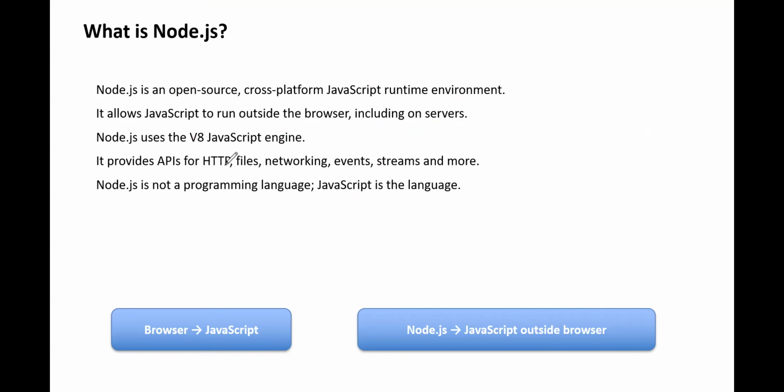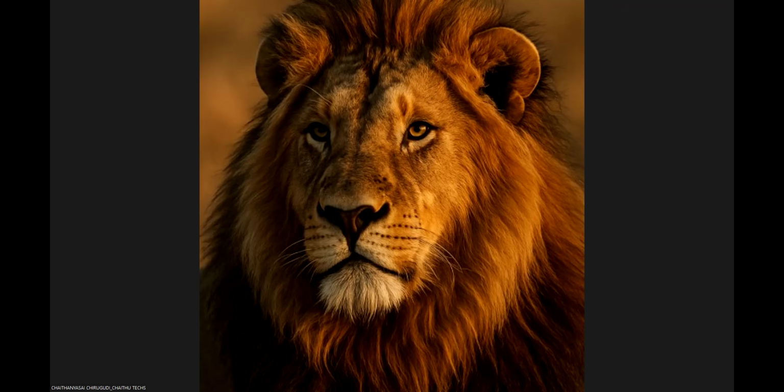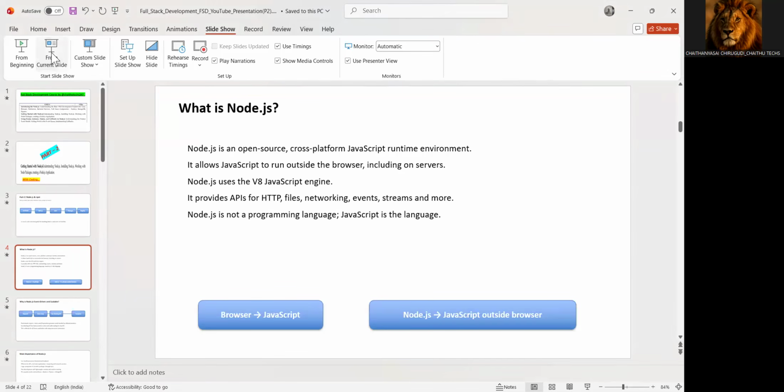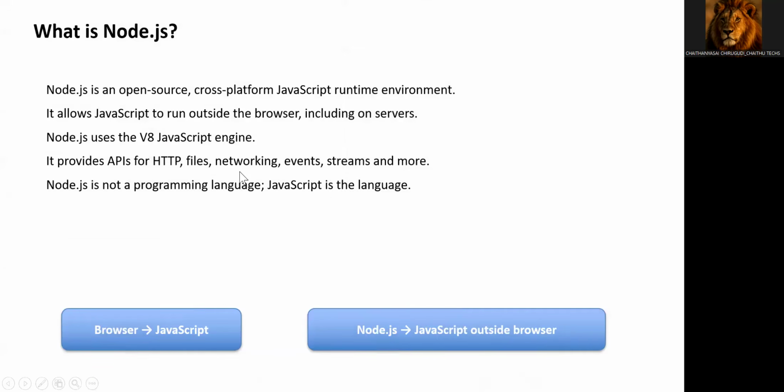It provides APIs for HTTP, files, networking, events, streams, and more. We will see these applications of Node.js further on. A very important point is that it is not a programming language, it is a scripting language. Let us move next.